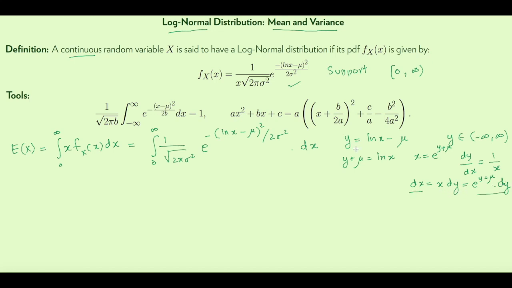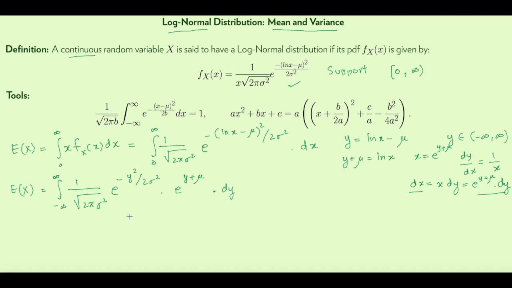Now let's put this in place of this. So what is E of x? E of x is the integral from minus infinity to infinity of 1 over root 2 pi sigma squared, e to the power of minus y squared over 2 sigma squared, times e to the power of y plus mu, dy.